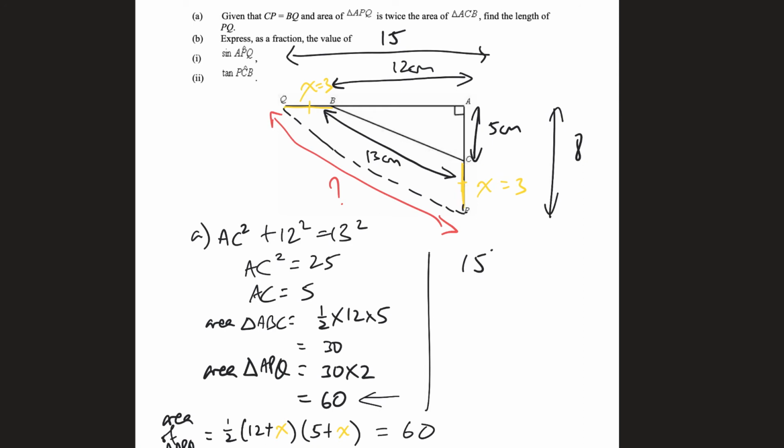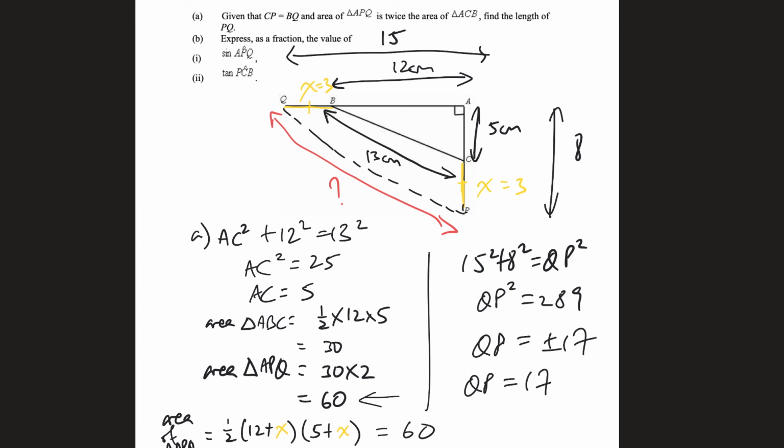So 15 squared plus 8 squared equals QP squared. And you can see that QP squared is therefore 289, and QP is therefore plus minus 17, but we reject the negative one, so we just say QP is 17. We reject the negative because QP cannot be negative, it's a length.